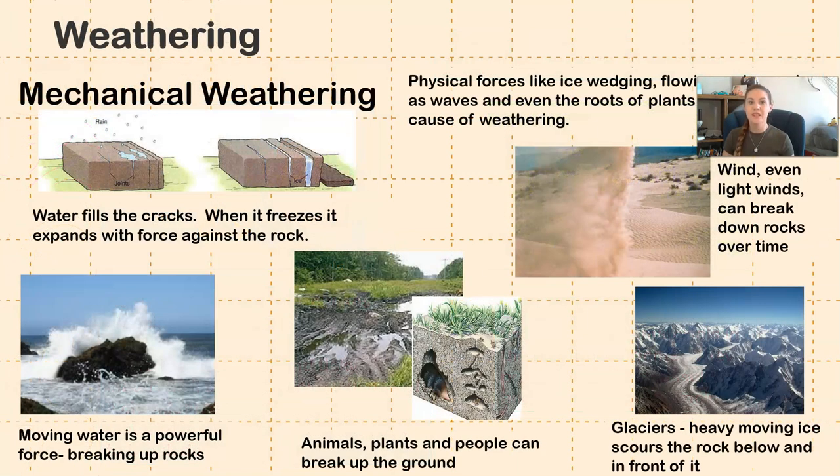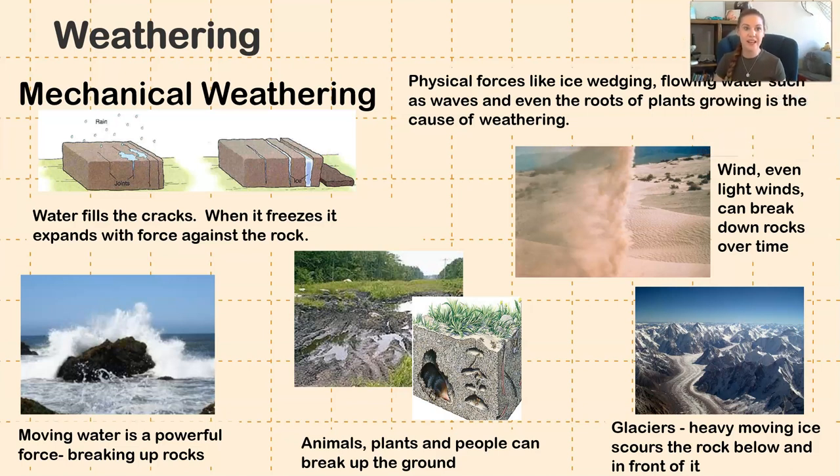Next, we've got mechanical weathering. Now, this is just a fancy way of saying physical weathering, okay? Just like in chemistry, we have chemical changes and we have physical changes, right? So mechanical weathering is just physical weathering. So physical changing of the rock would be another example of weathering, or when the rock breaks.